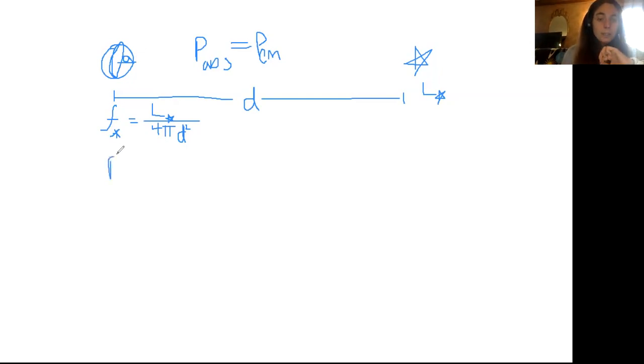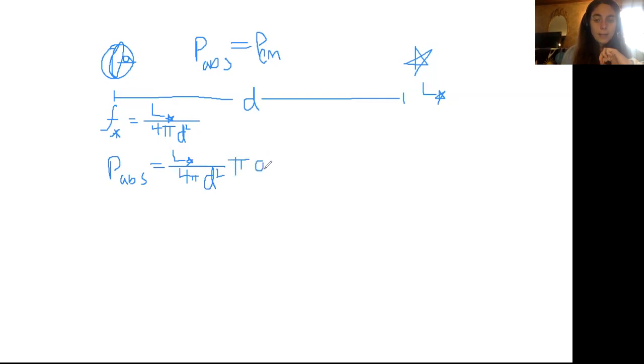So P absorbed is going to be equal to the flux from the star at that distance, so L star over 4 pi d squared, times the surface area of the dust that sees starlight.